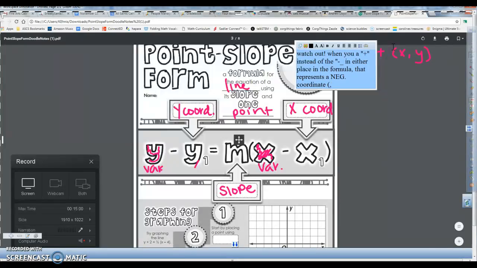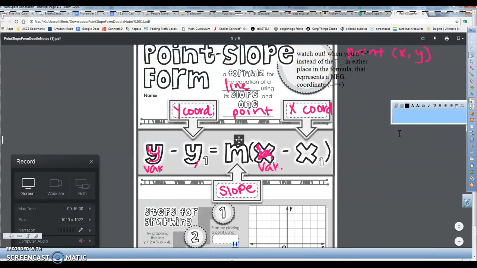Because a negative times a negative equals a positive. And that is supposed to fit in that cute little circle up there. Okay, so from here we can graph.